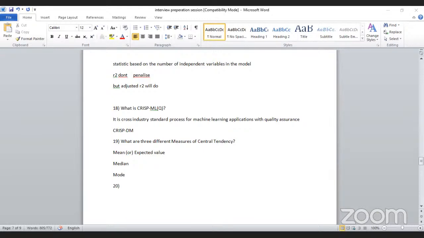The next question is, what are three different measures of dispersion?